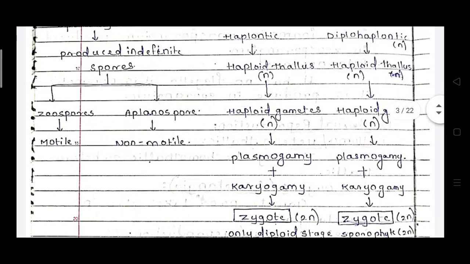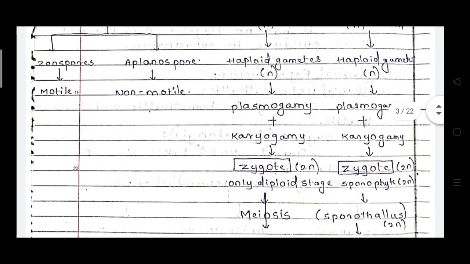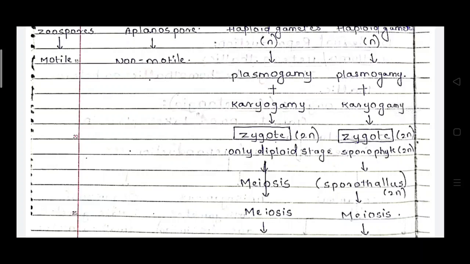बट इन केस ऑफ डिप्लोहैप्लॉन्टिक में क्या होता है, थैलस होता है. थैलस में गैमेट्स प्रोड्यूस होते हैं. दिस गैमेट्स विल बी plasmogamy and karyogamy process take place, and then they produce the zygote. This zygote does not directly undergo meiosis. It forms the sporophyte.